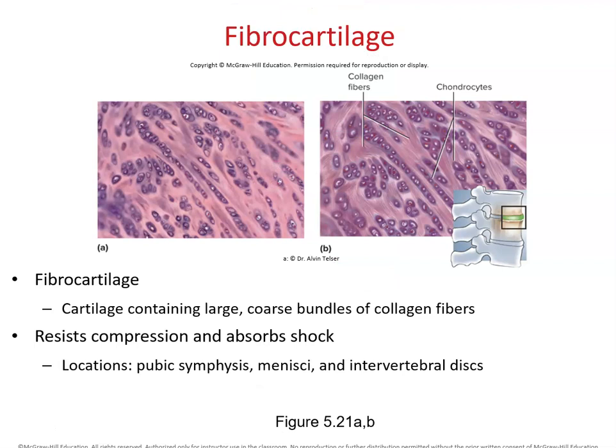And fibrocartilage is the type of cartilage that has the largest and coarsest and most dense amounts of collagen. It does not like to be compressed, so it's a shock absorber. Okay, so we see this especially in the discs between vertebra in the back.